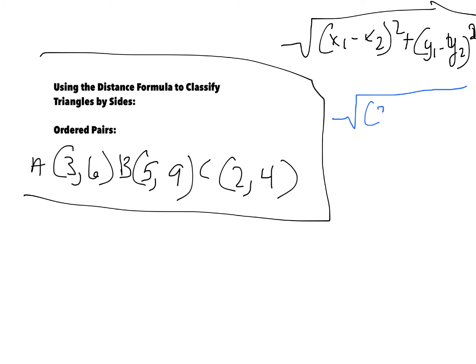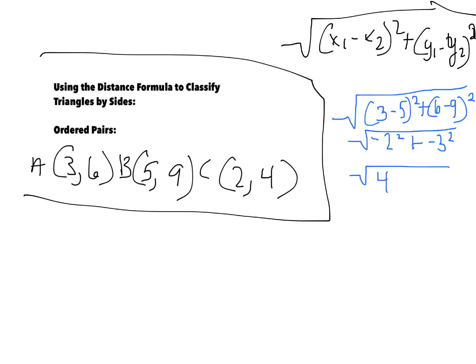So 3 minus 5 squared plus 6 minus 9 squared. 3 minus 5 is negative 2 squared, plus 6 minus 9 is negative 3 squared. So we square them: it's 4 plus 9, and 9 plus 4 is 13.